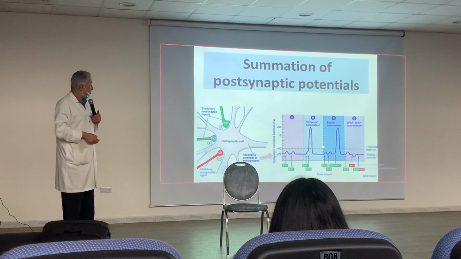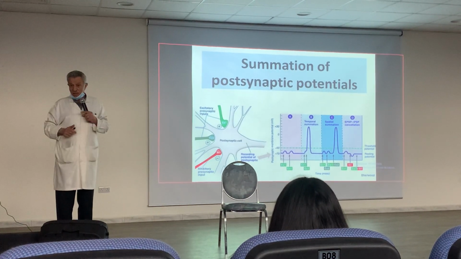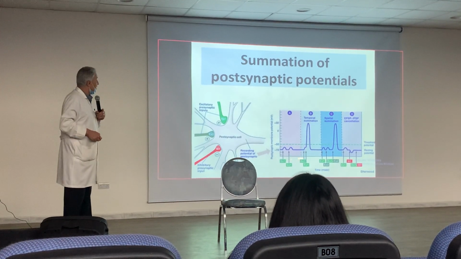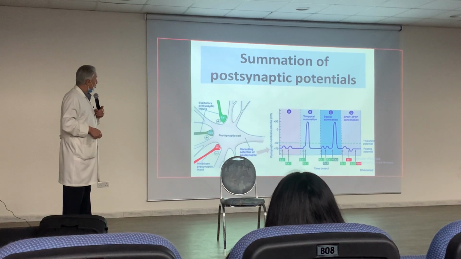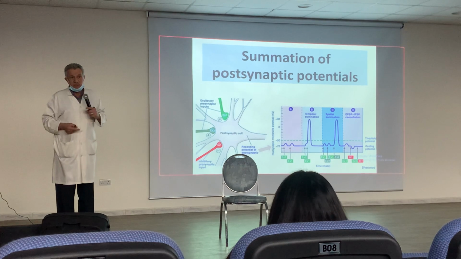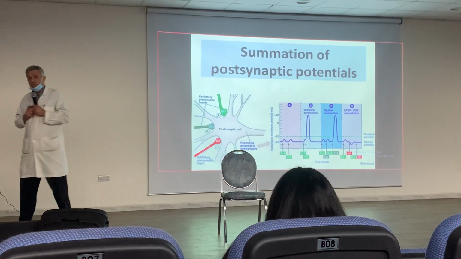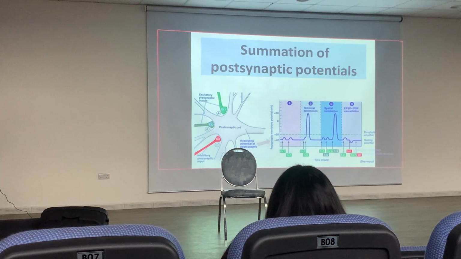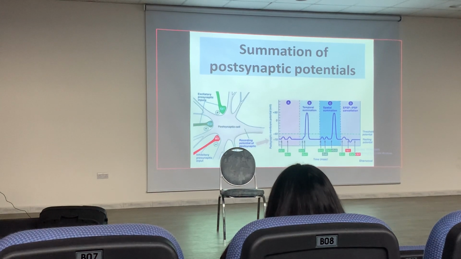Once you have reached the threshold, you develop the whole action potential. Now what happens if excitatory meets inhibitory? They cancel each other, for example. In this case we are not developing an action potential.